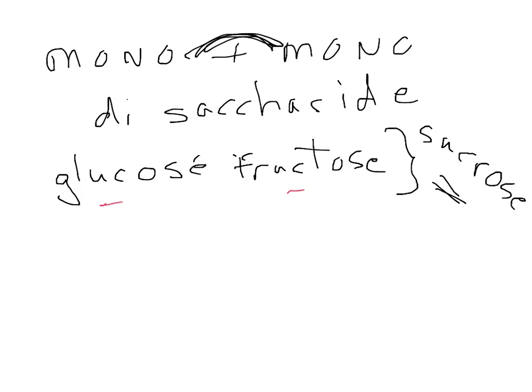So your disaccharides have to be broken down to monosaccharides to be absorbed. So we do not absorb disaccharides. They have to be broken down to individual monosaccharides to be absorbed.